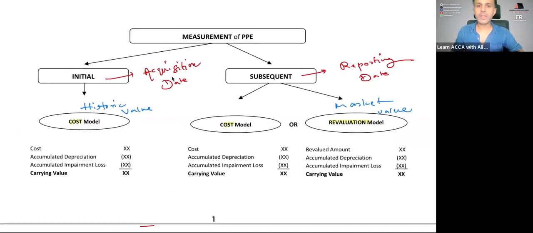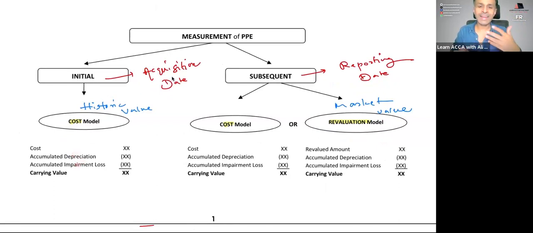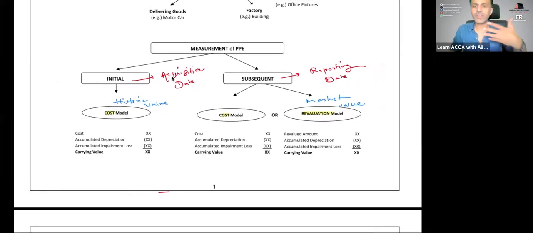Both the models will have depreciation and impairment. In detail, we will have to come and talk about these two models on the next page. But this page at least introduces that, okay, initially at cost, subsequently either at cost or a revaluation model.